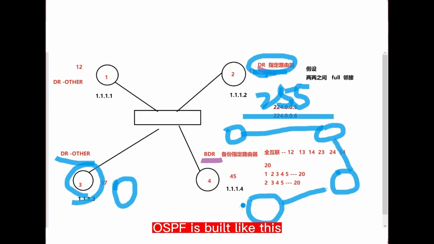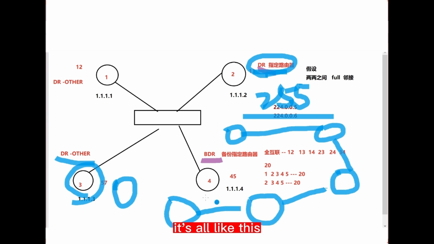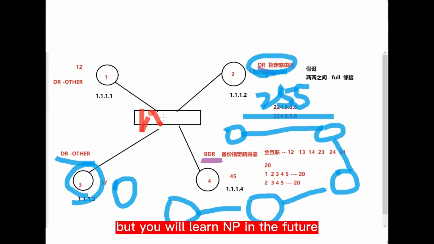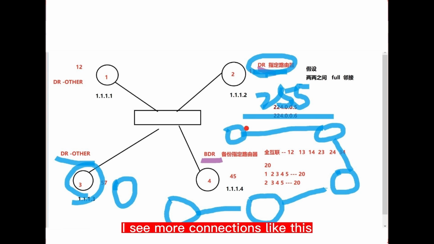You will know later. The most common thing in work is that OSPF is built point to point, to point, to point. It's all like this. But when we study, we usually learn it the other way. You will learn NP in the future, and I will tell you about the scenes. In an OSPF inner line network, I see more connections like this.